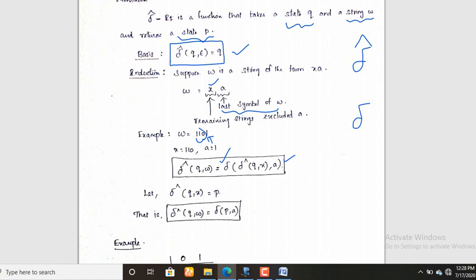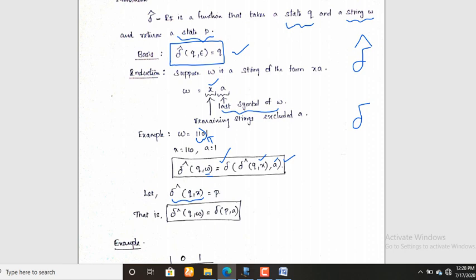Here w is divided into two parts, x and a. What is the meaning of this statement? On encountering a, you first finish the part x, and only then do you come to a. This is the meaning of this equation. So let us take delta cap of q comma x.